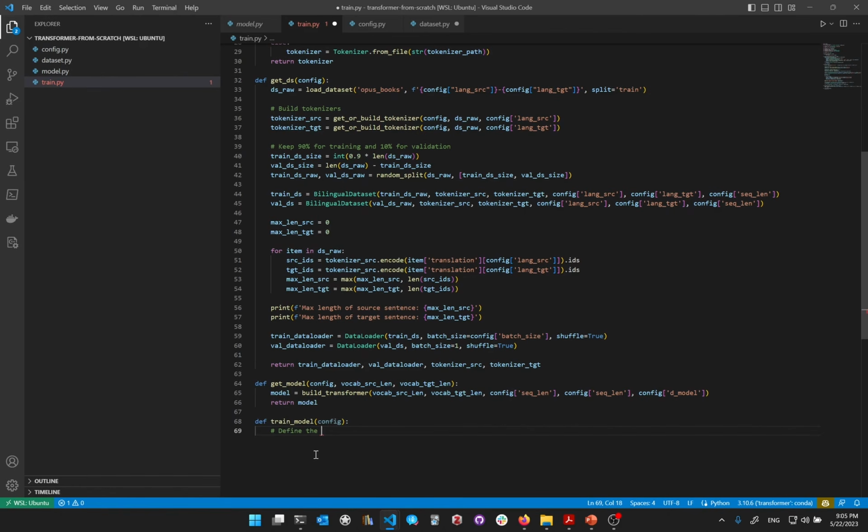So define the device: if I have CUDA on my computer, then we also print, and we make sure that the weights folder is created.